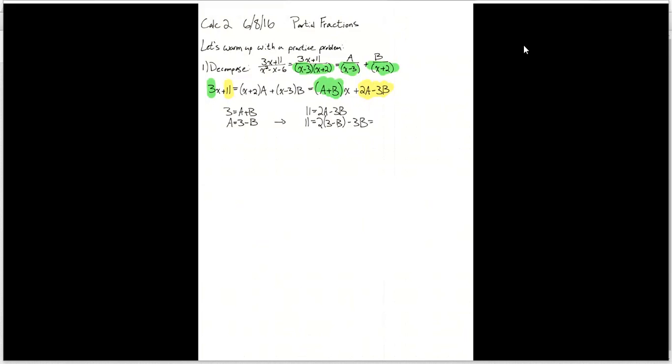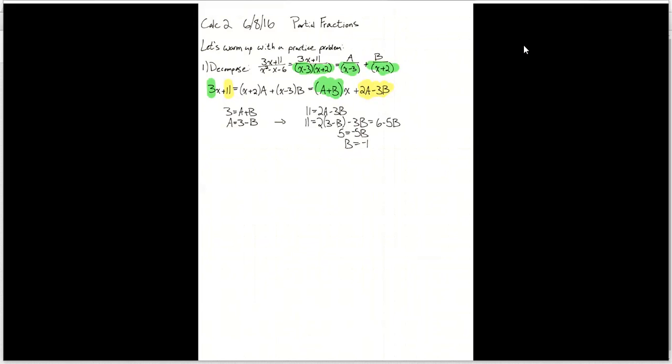And this is just 6 minus 5B. So if I move the 6 over, I get 5 equals negative 5B. And that means that B is equal to negative 1.